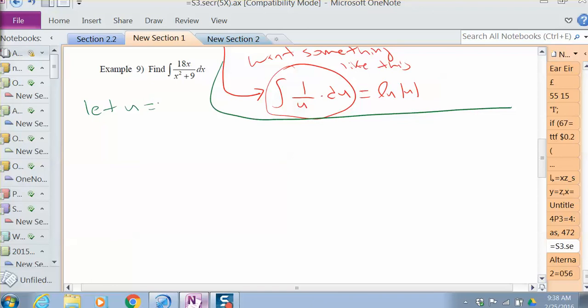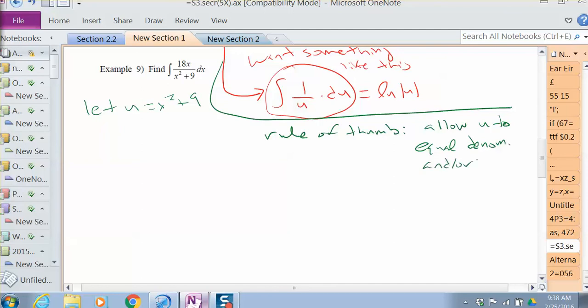Good. Usually, I did say it's good to let the denominator equal u, but also, as a rule of thumb, allow u to equal the denominator and or expression with the higher exponent.